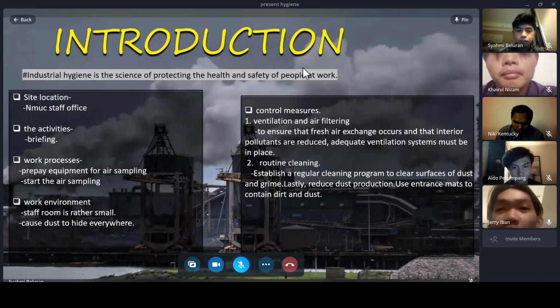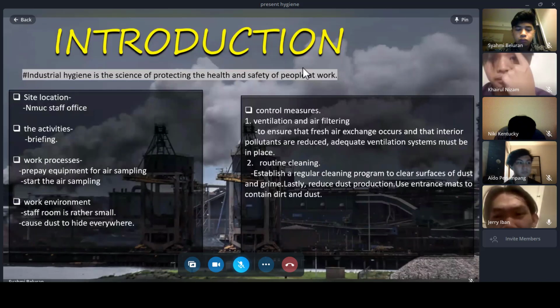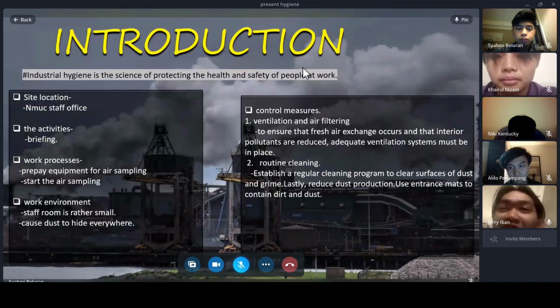Through the sampling, our team was able to identify the sources of pollutants. For instance, the office staff room is rather small, and there are so many files and papers strewn over the room. This is one of the things that might cause dust to hide everywhere.